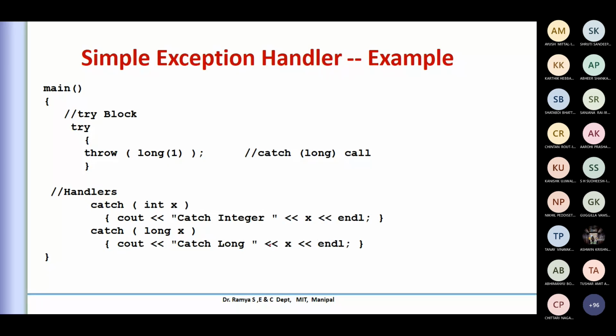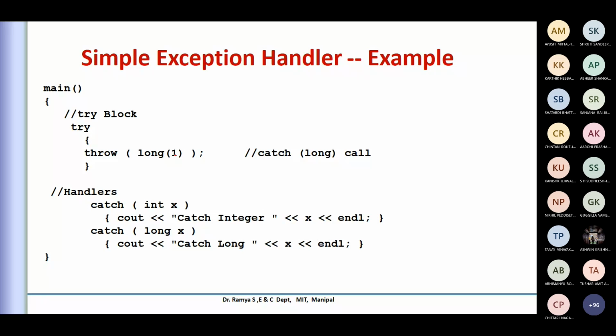Is that fine? And what will be X here? Can you tell me what will be the X here? Anyone? X will be 1. Yeah. Remember, this value is taken here as X and it is of type long, and you are writing X, which is storing the content of this information, that is 1.